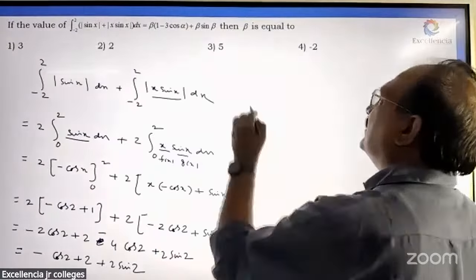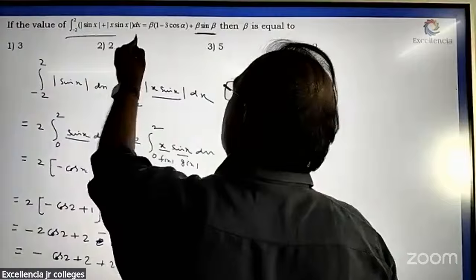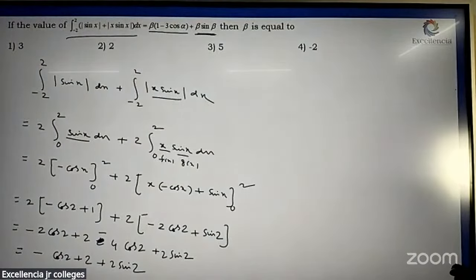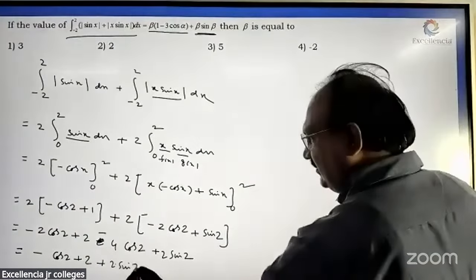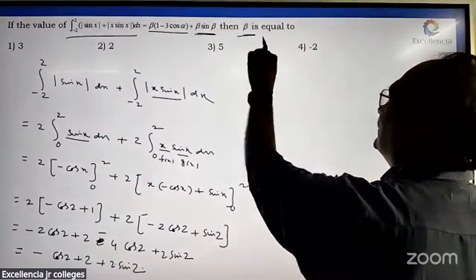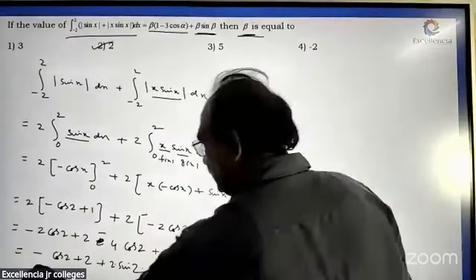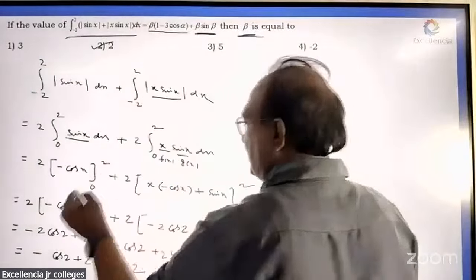Directly also you can tell what he is asking here in this problem. This is given as b into 1 minus 3 cos alpha plus b sin beta, beta sin beta. So beta is nothing but, directly also you can tell, or you can verify here. This is plus 2 sin 2.